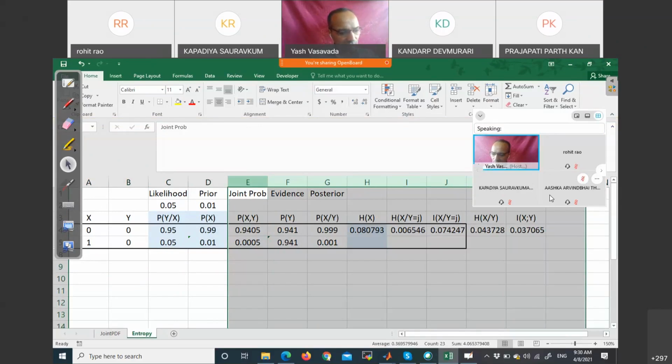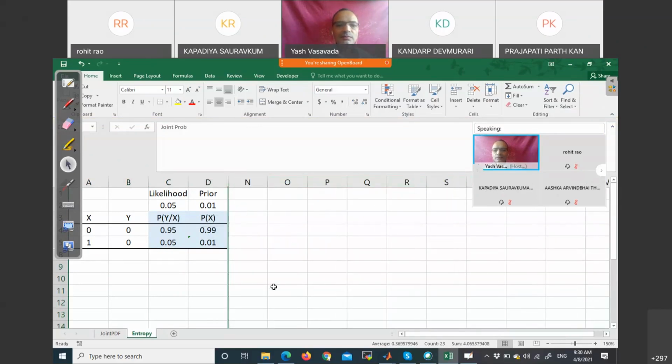I'm considering the same disease problem. So this is the likelihood function, and this is controlled by this parameter P. P is 5%. This is the prior on X. It's controlled by the parameter Q here, and I have set Q to be 1%.